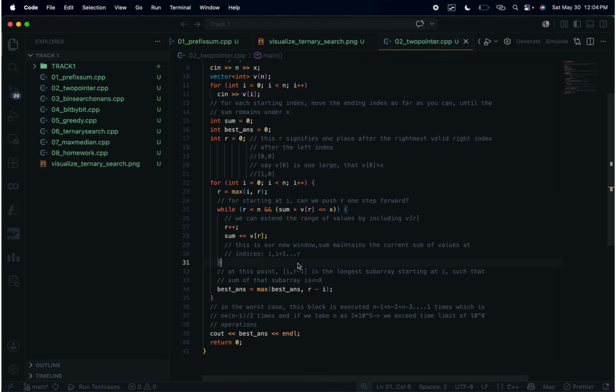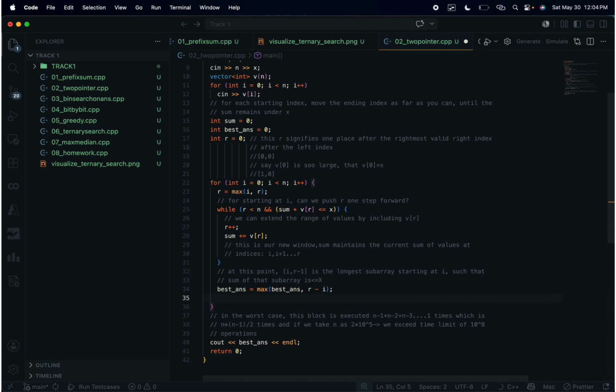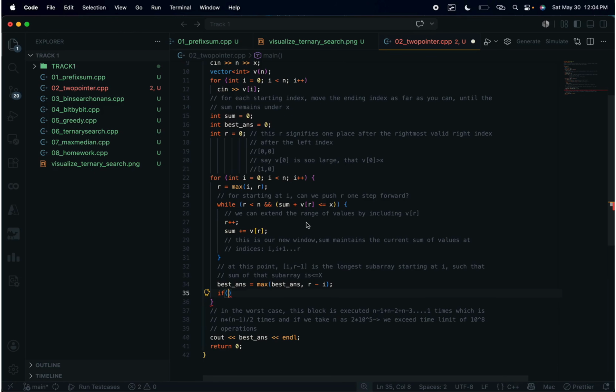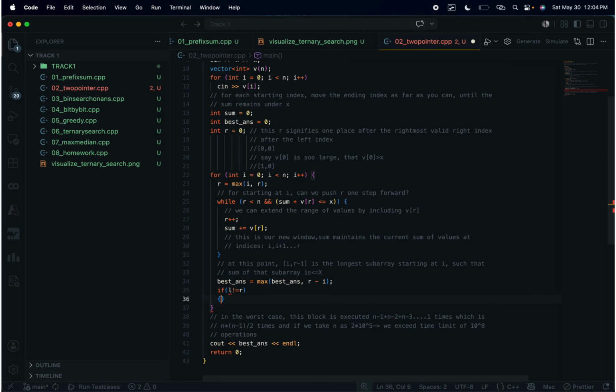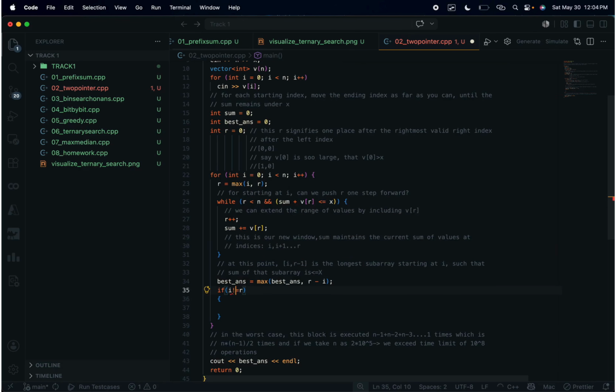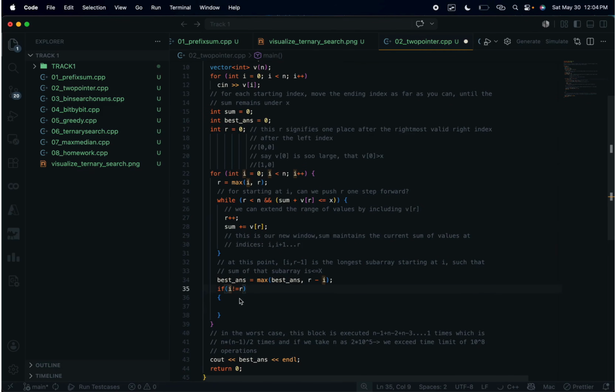So we would have to remove I's contribution in the subarray starting at I plus 1. So what we should do here is, if the window is not empty, that is, if V of I is in the window, how do we check that? If L is not equal to R, this means the window is not empty. If L is not equal to R, the window is not empty, and we must remove V of I from our sum.